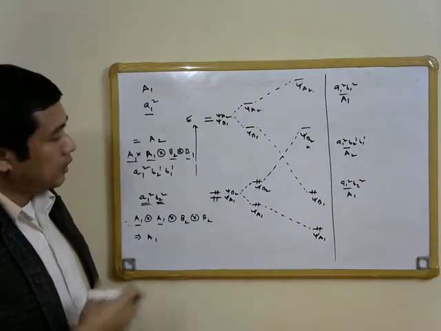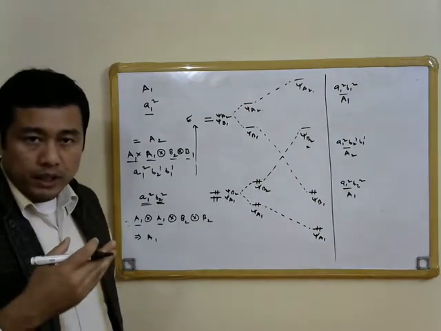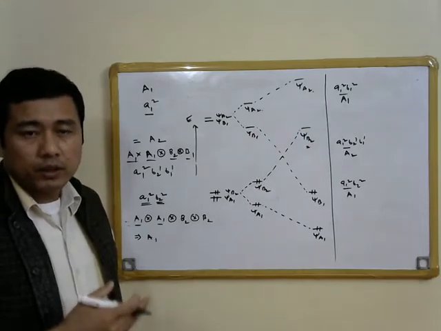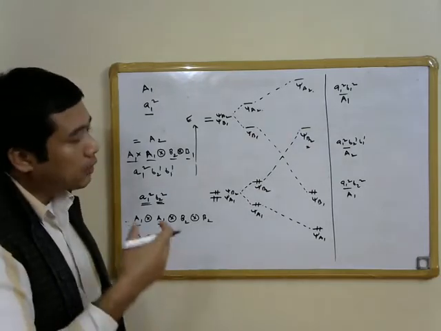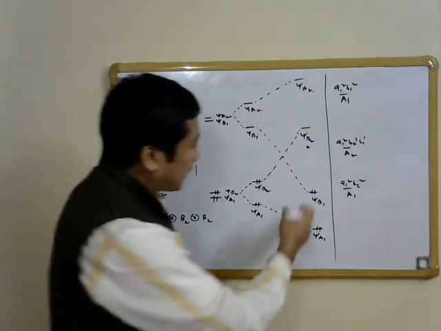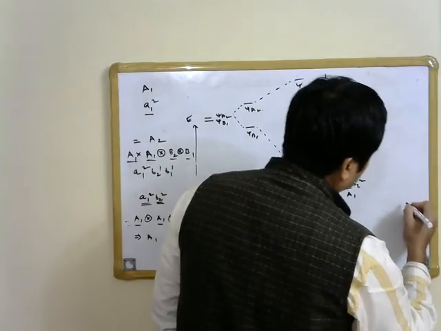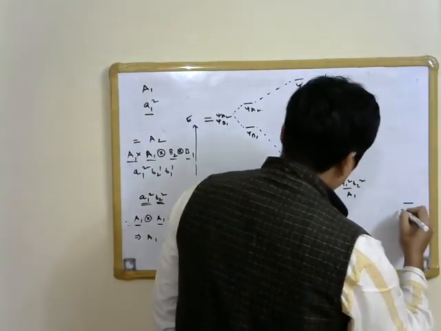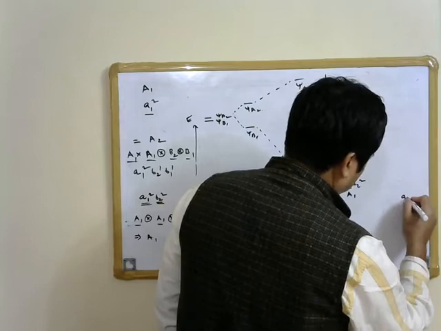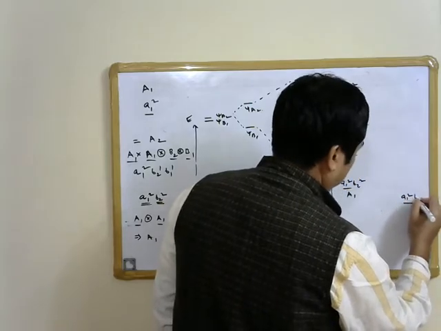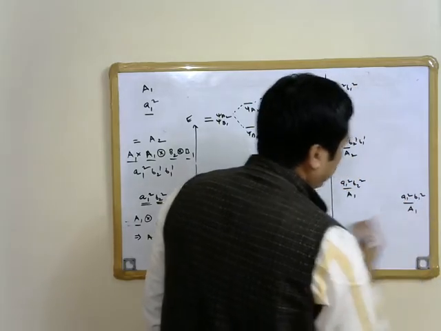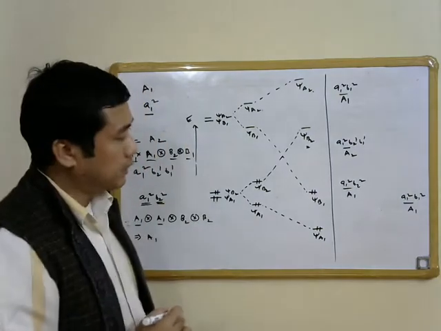And then we will write now the symmetry of the electronic states for the product. As we see, the ground electronic state of the product is A1 2, B1 2, and we have already found out that its symmetry is equal to A1.